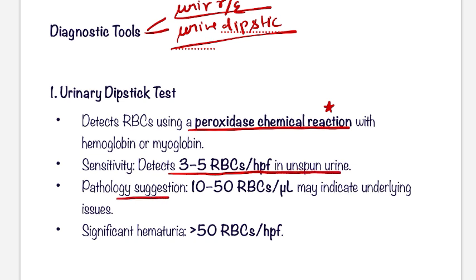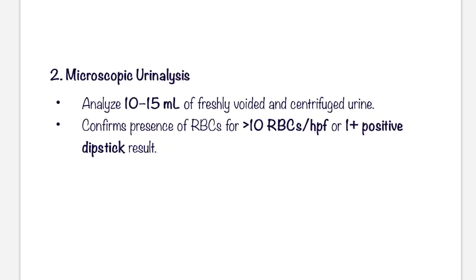Pathology suggestion is 10 to 50 RBC per microliter, and significant hematuria is more than 50 RBC per high power field. And if you do microscopic analysis like urine routine, it will show more than 10 RBC per high power field or a 1 plus positive dipstick result. These numbers are confusing.